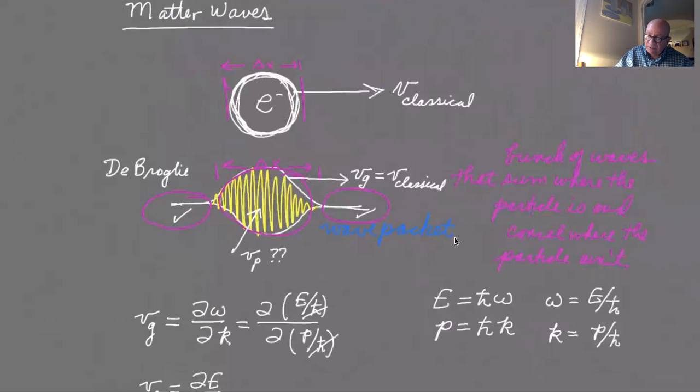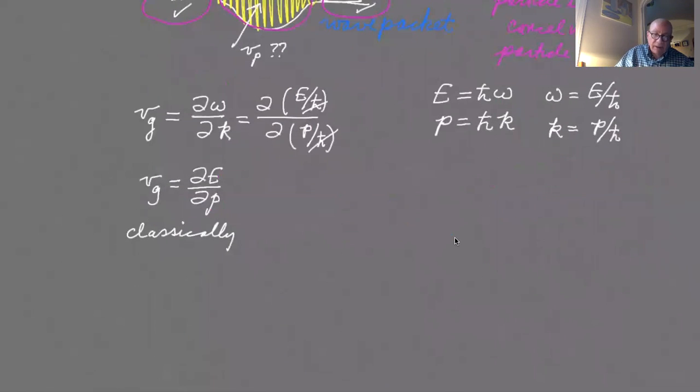So it's just going in a straight line at constant velocity, v classical. Then we know that the energy is all kinetic, so it's going to be p squared over 2m.